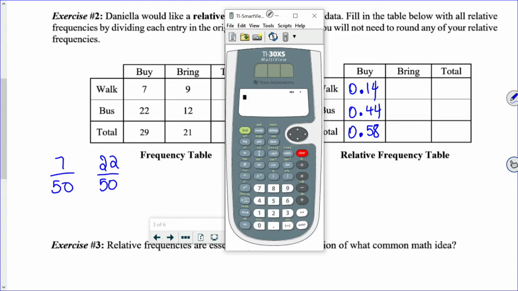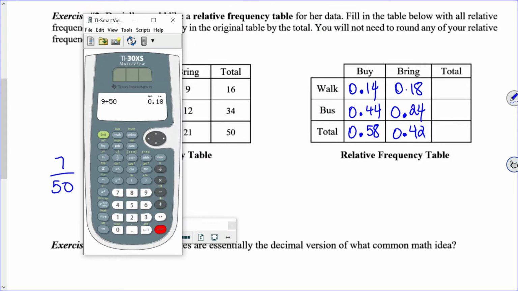Let me just clear all this out. 9 divided by 50 gives me 0.18. 12 divided by 50 would be 0.24. 21 divided by 50 would be 0.42. You get the idea. 16 divided by 50 would be 0.32. 34 divided by 50 would be 0.64.